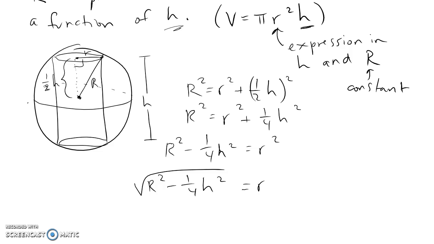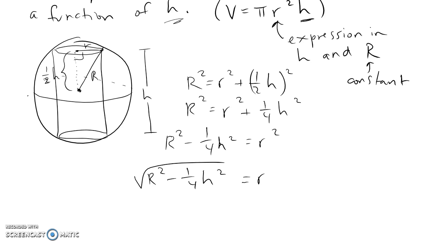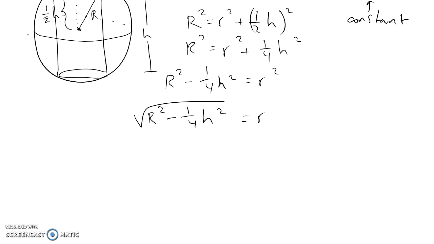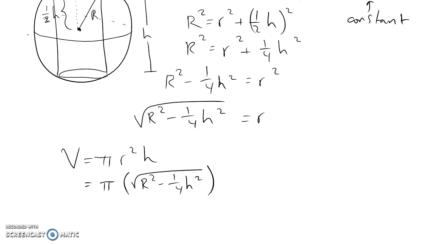Now we're ready to write the equation of our volume in h and R. So again, the volume is pi r squared h. So that's pi, and now instead of r, we have the square root of big R squared minus 1/4 h squared, all being squared, times h. The square root squared, of course, is R squared minus 1/4 h squared, times h.